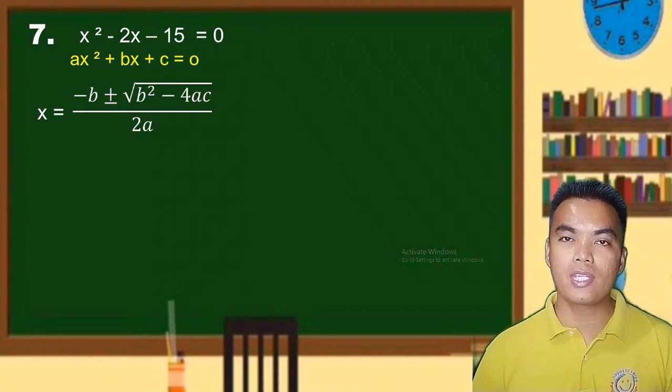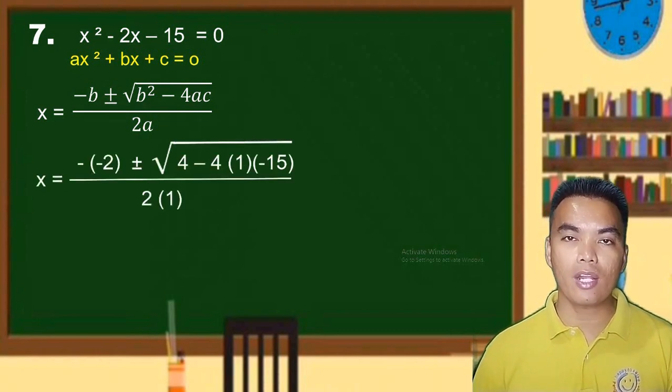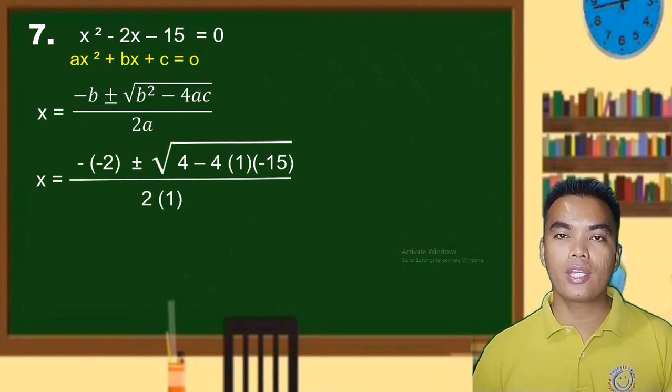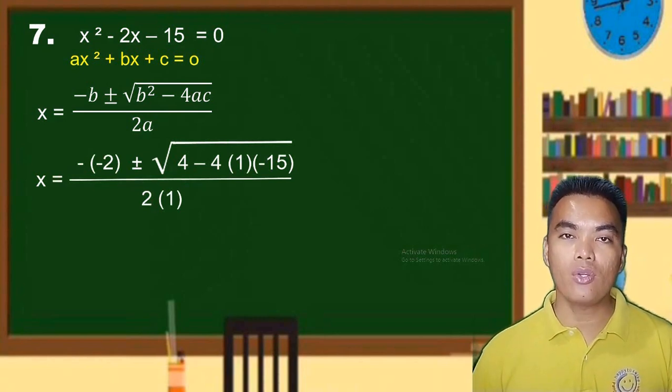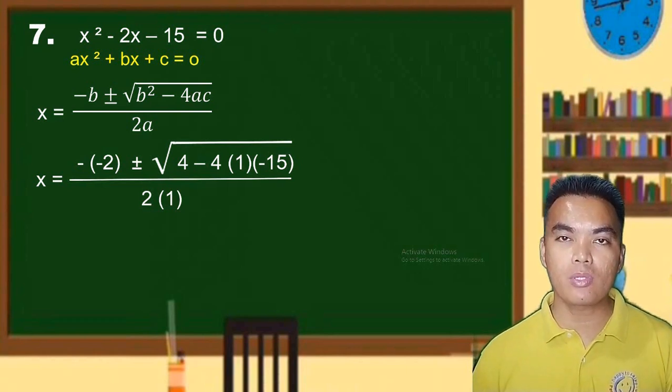So we can now substitute the given numerical coefficients into the quadratic formula. So we have x = (-(-2) ± √(4 - 4 · 1 · (-15))) / (2 · 1), since the numerical coefficient of x² is 1. 2 times 1 is 2.